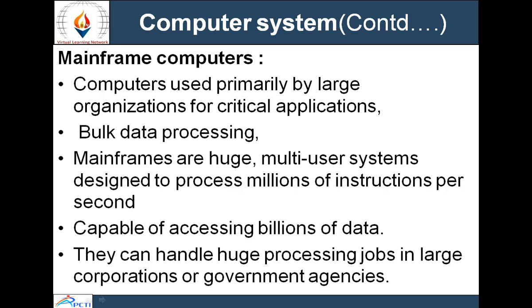They can handle huge processing jobs in large corporations or government agencies. Mainframe computers are normally too expensive and out of reach for a salaried person who wants this computer for his home. Mainframe is the second largest in capability and size of the computer family.